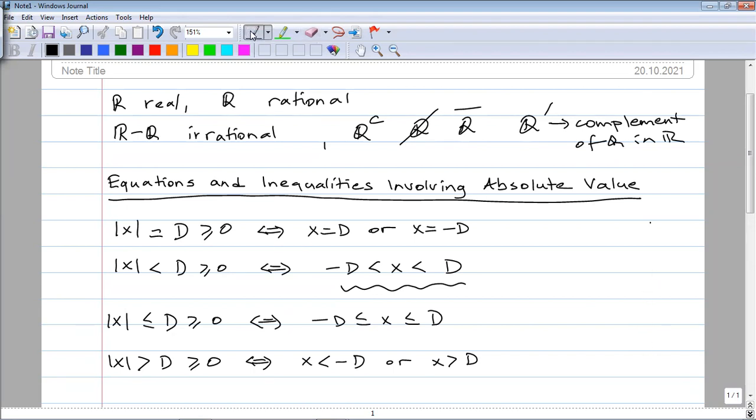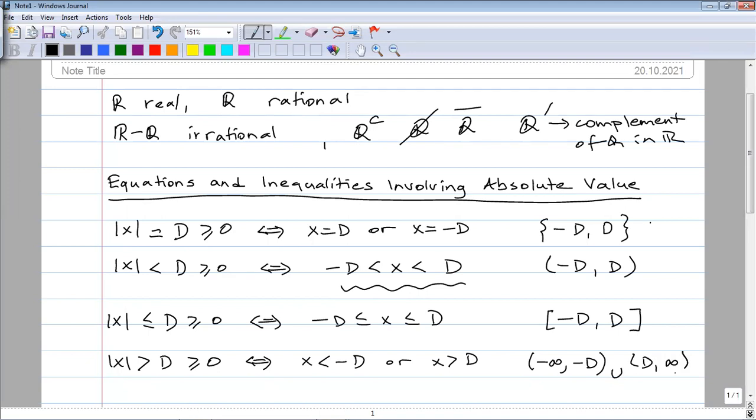Okay, so x is d or minus d. Of course, it is not an interval, so we write it in the set notation. Between minus d and d, that's the open interval from minus d to d. This is the closed interval from minus d to d. This is from minus infinity to minus d, union. Since you say or, you take the union of d infinity in the interval notation.